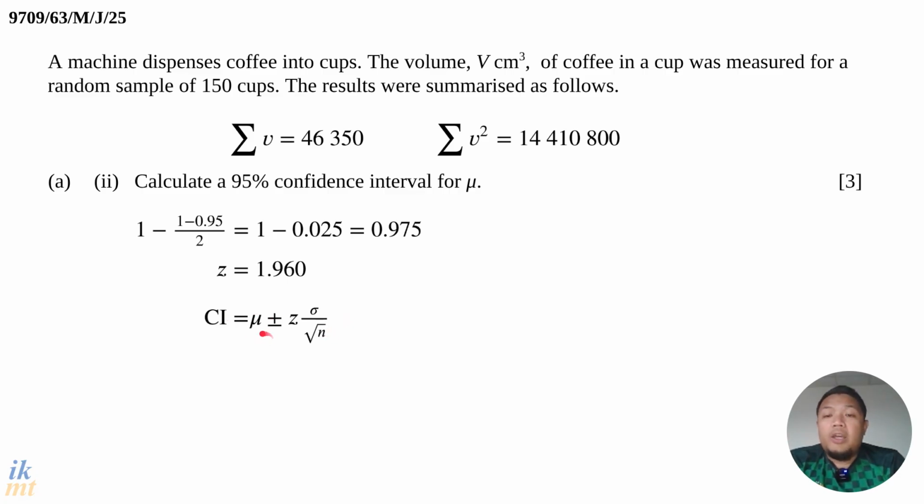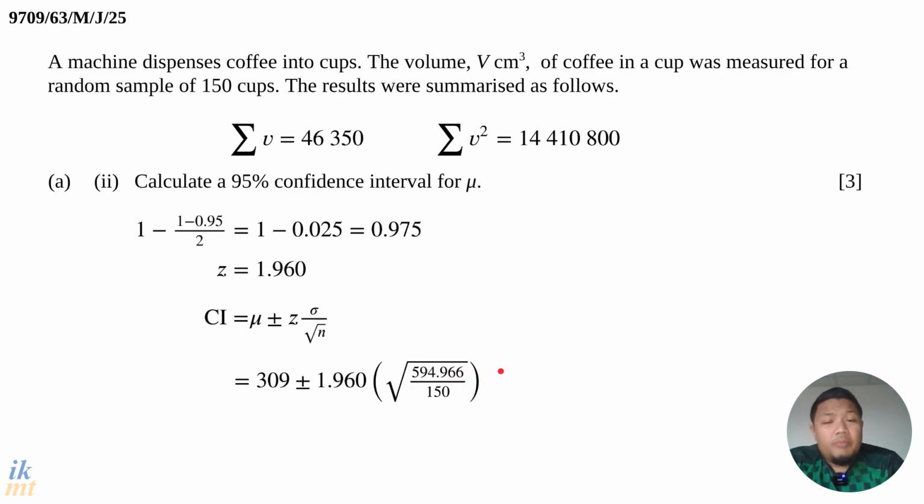So we have all the values now, so we'll just plug them in and we get this. Notice here that I didn't use 595, I used 594.966 based on the more accurate value, but I believe that even if you use 595 here, it should still work, at least to 3 significant figures.